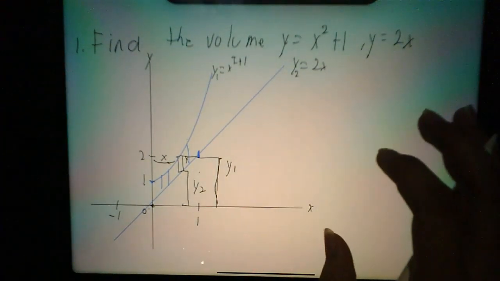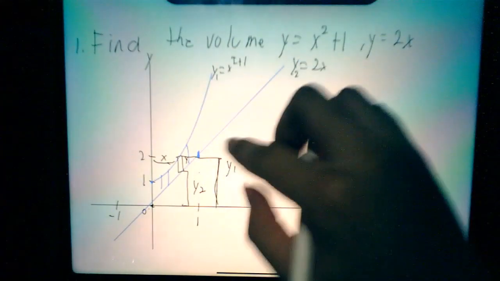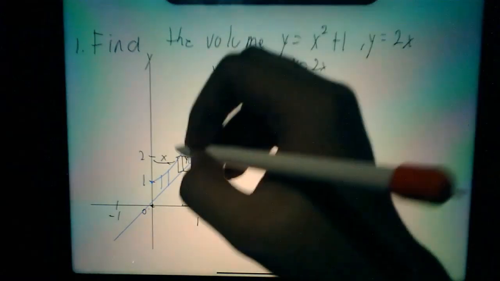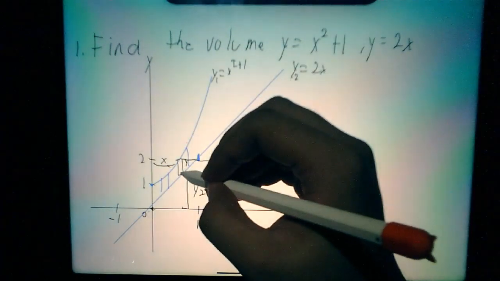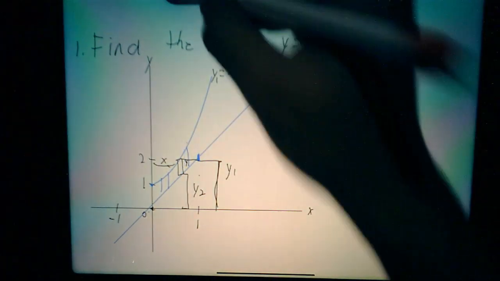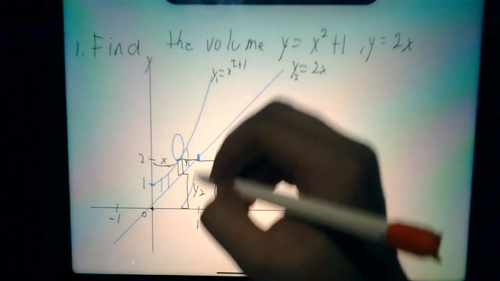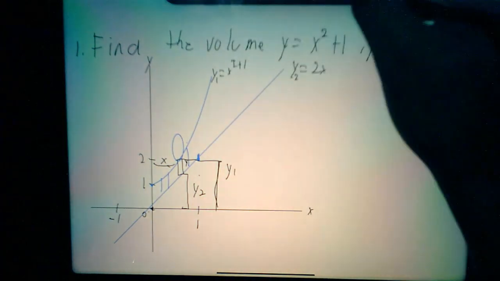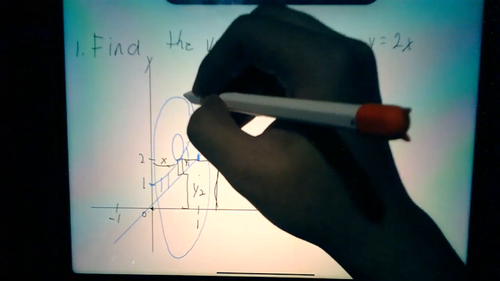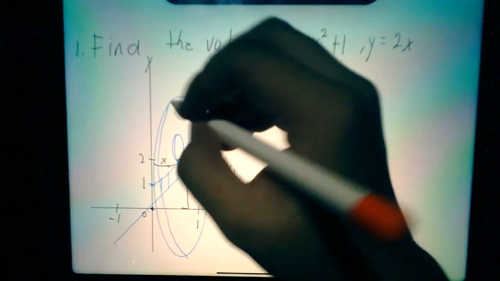So now we have our values here, and we need to create a vertical shape here. This is our washer method.